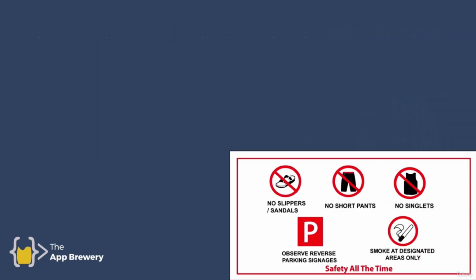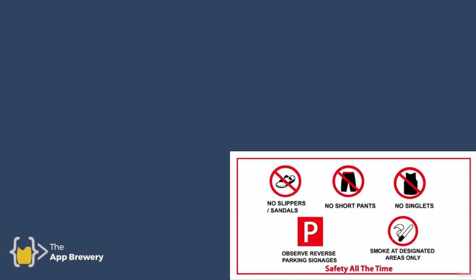So how exactly do we make our API RESTful? Well, there's a lot of rules that an API has to follow to be RESTful. And just as you have rules that you might follow at your workplace or your school, you might have a uniform, no shorts, no singlets, don't smoke in the building. You will also have a whole bunch of rules for making an API RESTful.